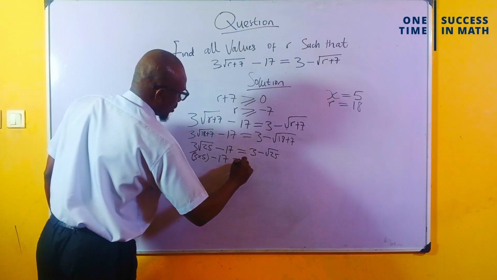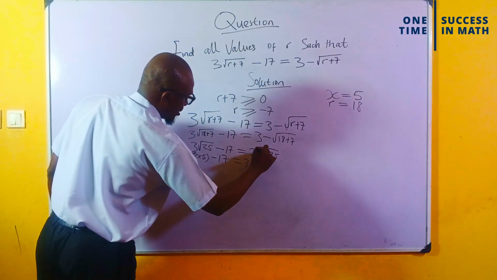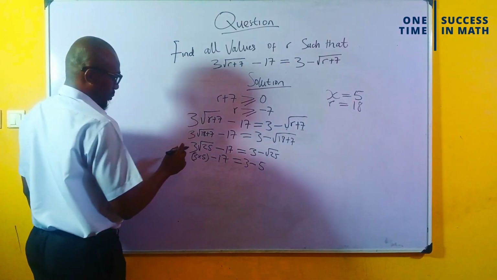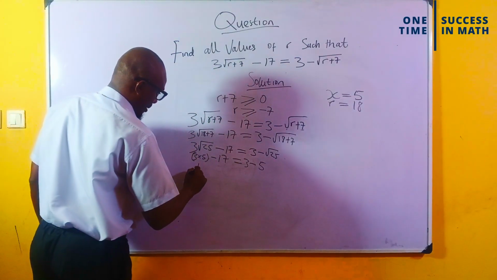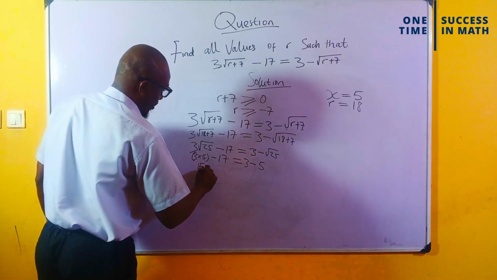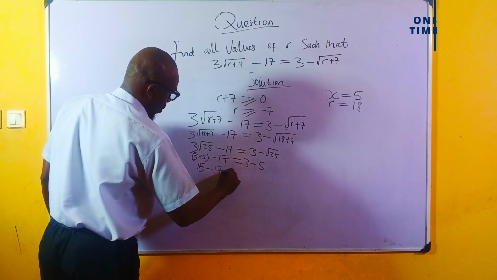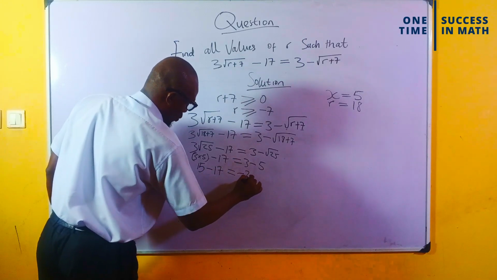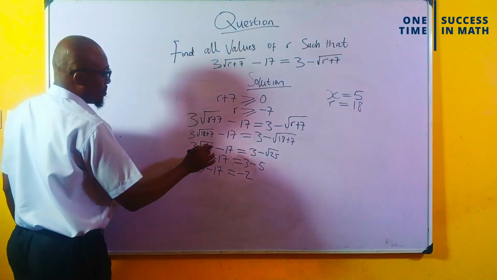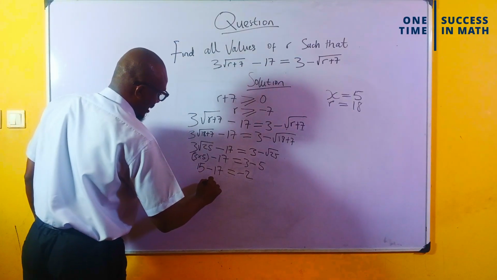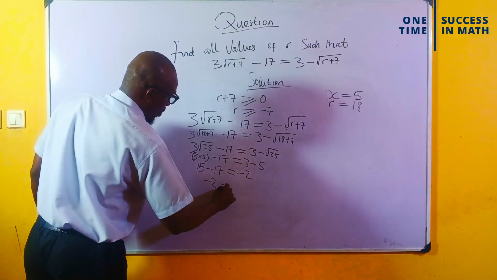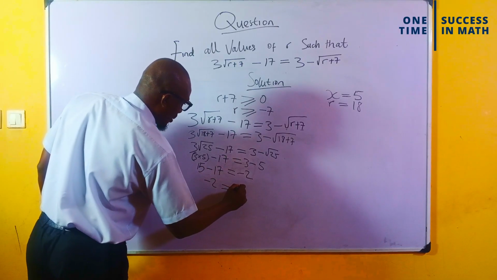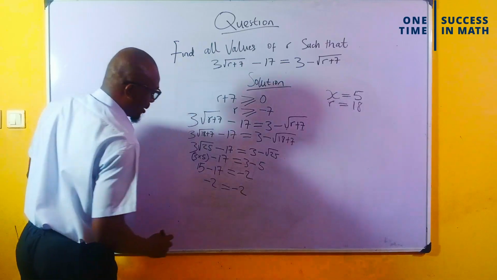Is it equal to 3 minus root 25, which is 5? 3 times 5 is 15. 15 minus 17 equal to 3 minus 5 is negative 2. 15 minus 17 is still negative 2. We can say that the right-hand side is equal to the left-hand side, negative 2.